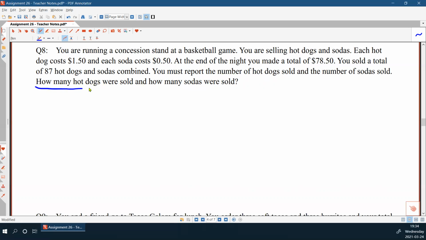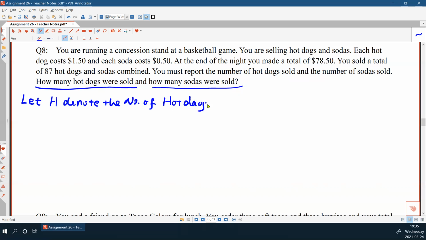Okay, so here we want to know two quantities here, right? How many hot dogs were sold and how many sodas were sold? Okay, so let's use two letters to denote these two quantities. So how about H? Let H denote the number of hot dogs sold, and let sodas, how about S?